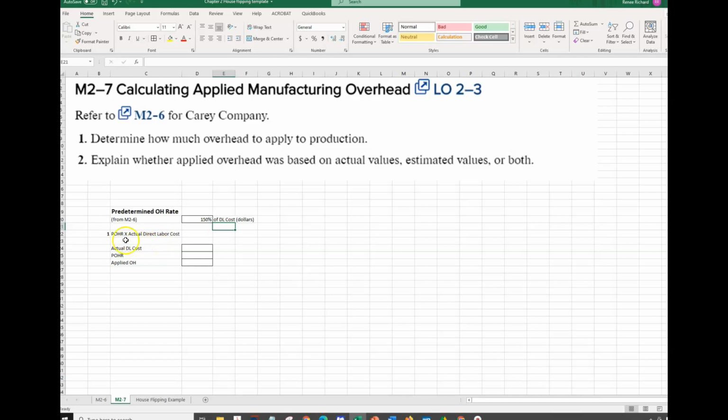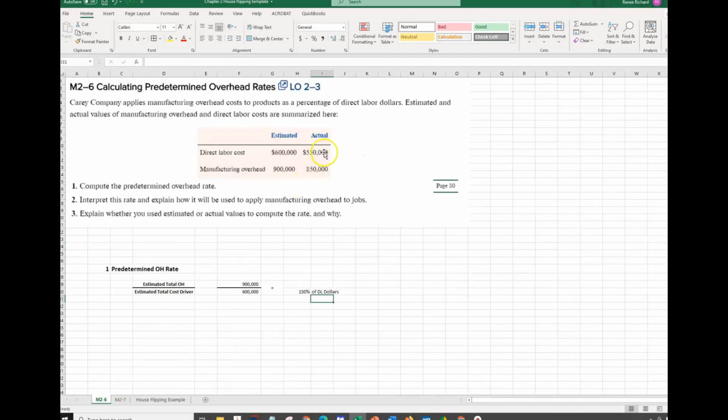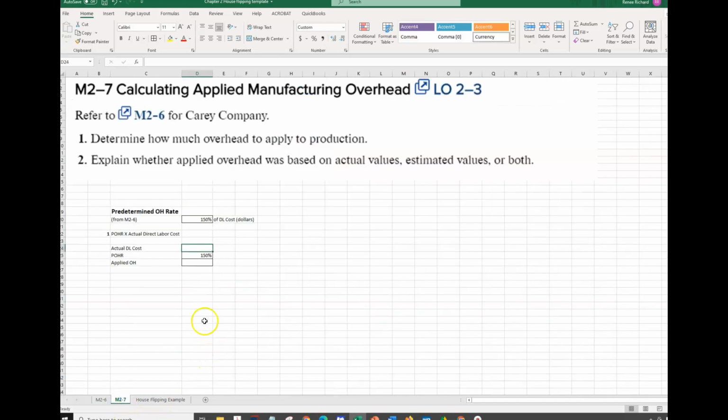And then to calculate the application of overhead, we need to take this predetermined overhead rate of 150% and multiply it times the actual direct labor cost. So our actual direct labor cost, we're going to look at the actual column now, was $550,000. Now we're going to apply overhead at the rate of 150%.